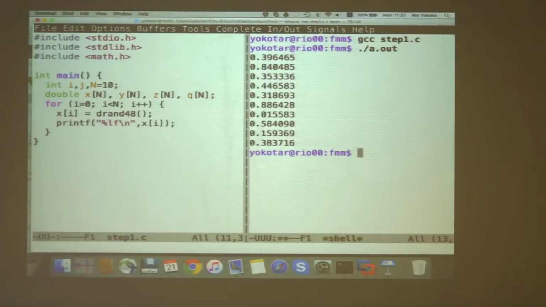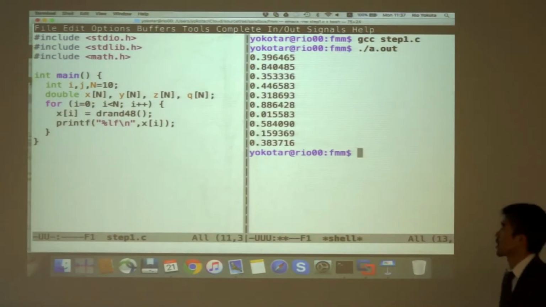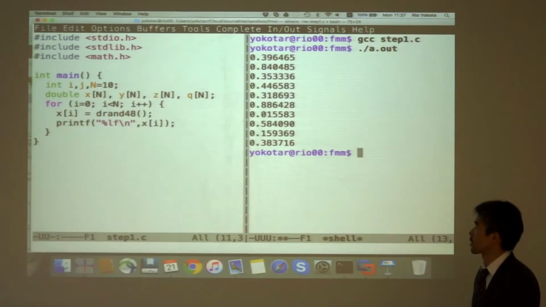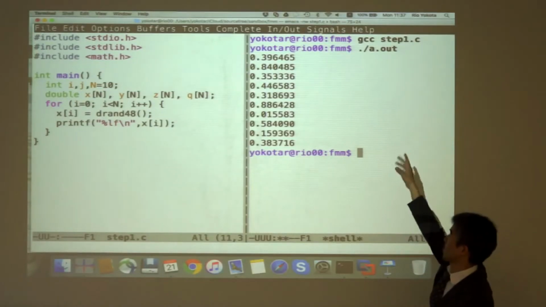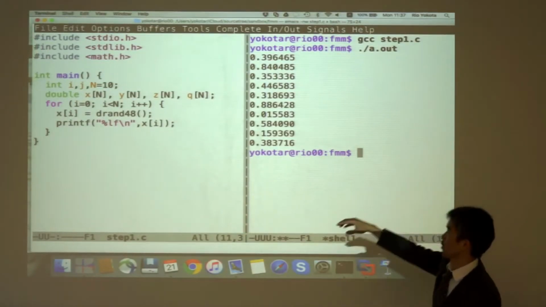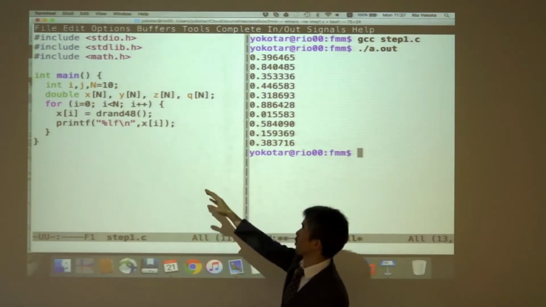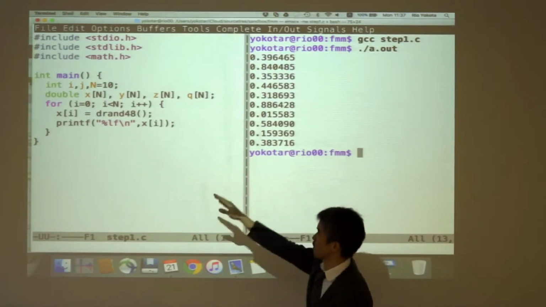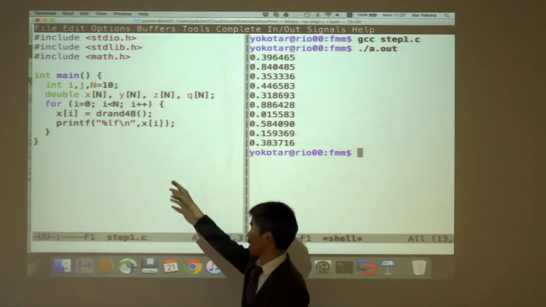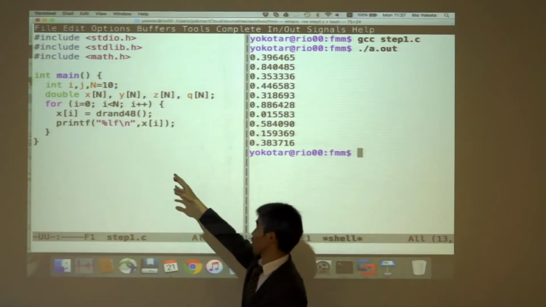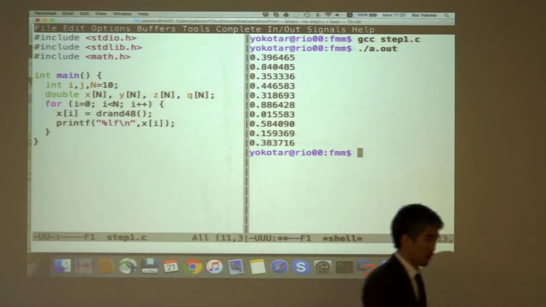So you can see what I'm coding. I'll be switching between these two screens and adding more things.